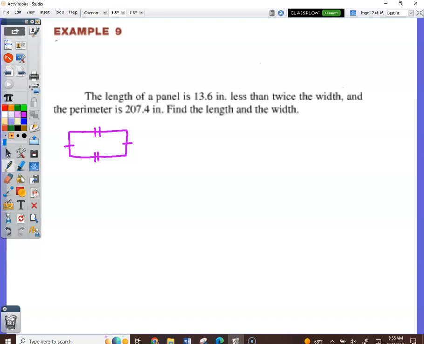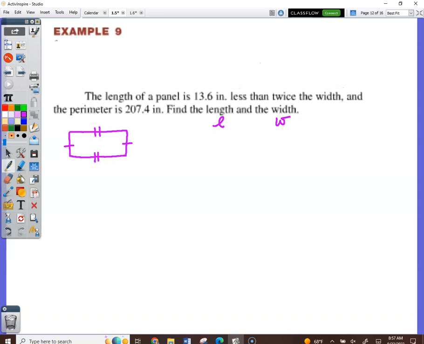Now we have to read this sentence. The directions say find the length and width. I'm using cursive L because otherwise my lowercase l looks like a 1. Find the length and the width. If I have two variables, I should be able to get two equations.